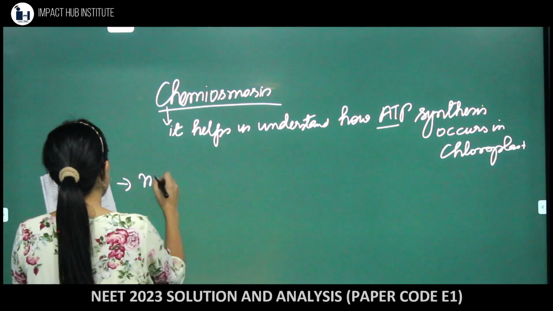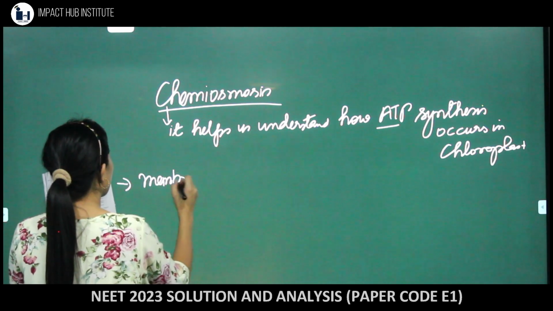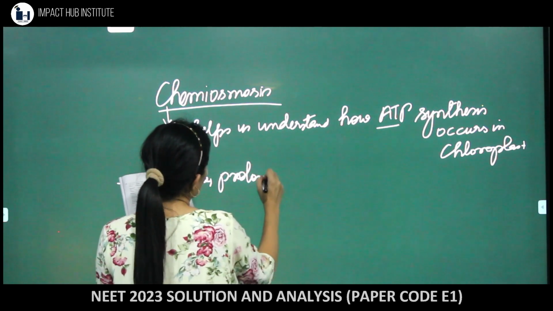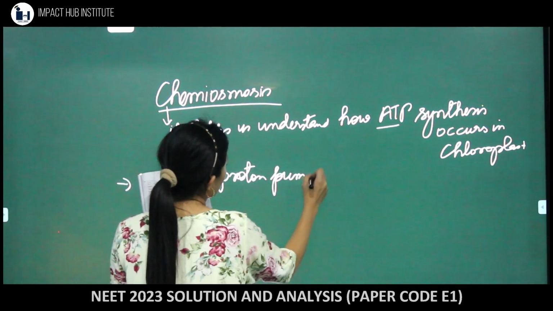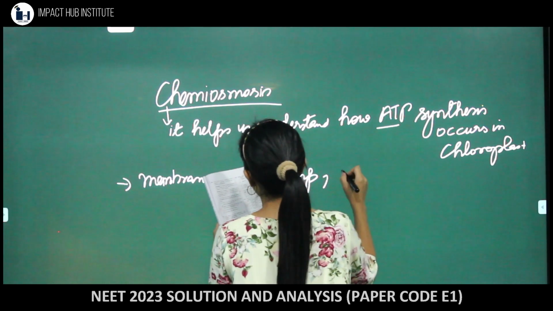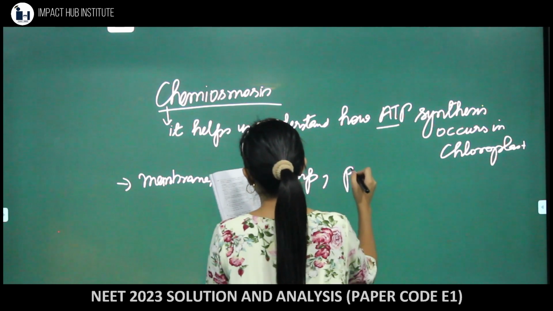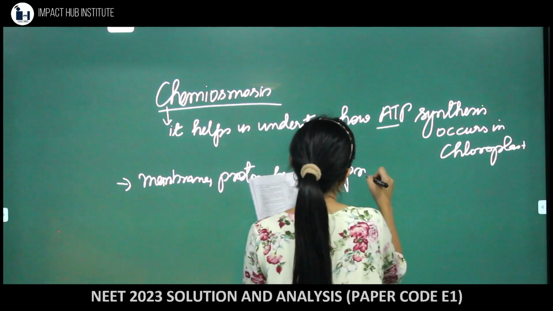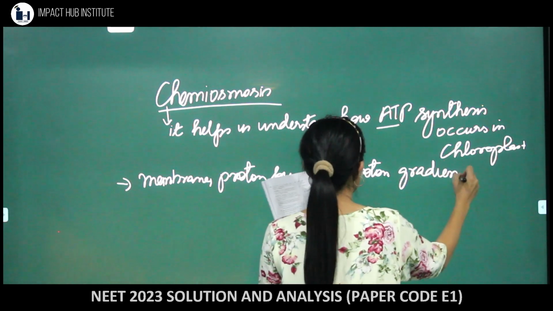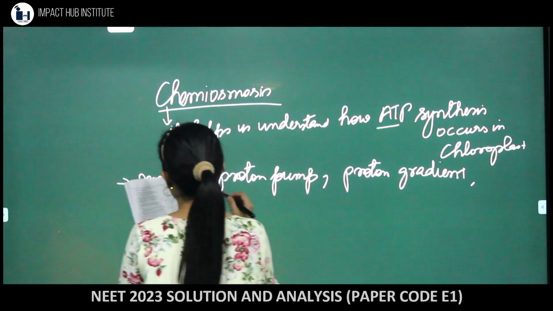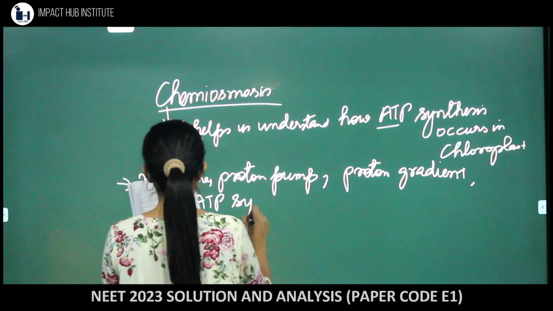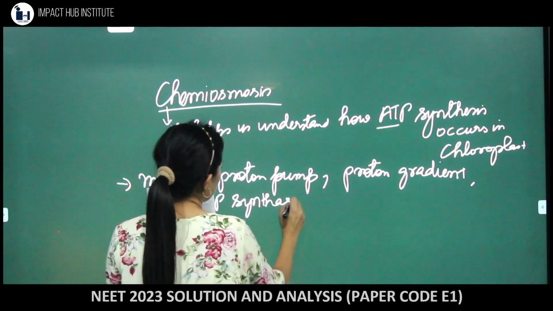So a membrane is needed, then proton pump. The proton pumps are F0, F1. Then we need a proton gradient, and then we need ATP synthase.